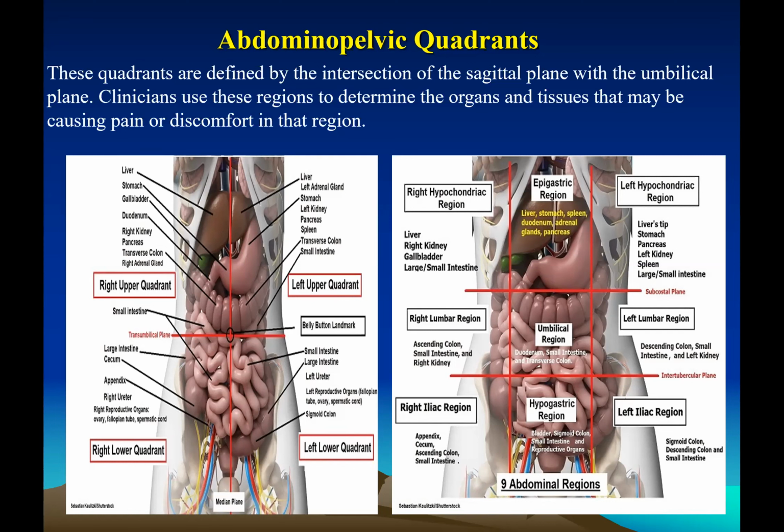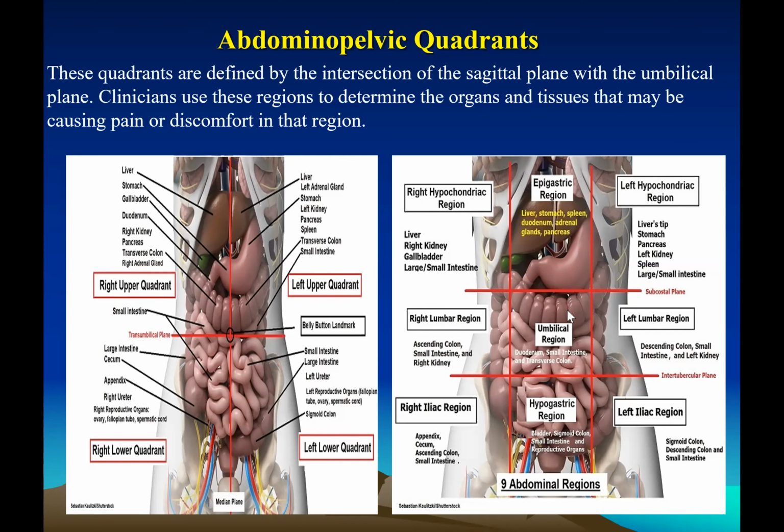Again, for more details, you can also divide the abdominopelvic region into 9 regions. So we have the right and the left hypochondriac region. Hypo means under, chondriac means cartilage. We have the right and the left lumbar region, where the lumbar vertebrae will be.